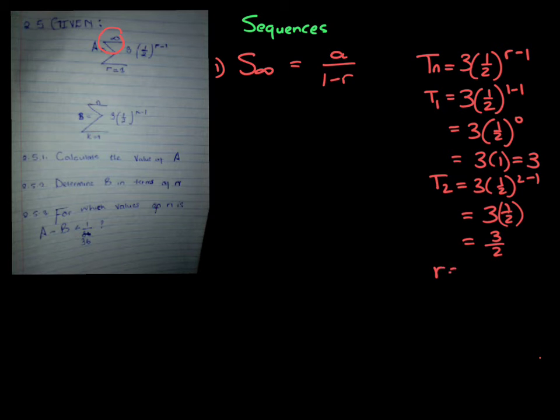So the ratio is going to be T2 over T1, which is equal to 3 over 2 over 3.